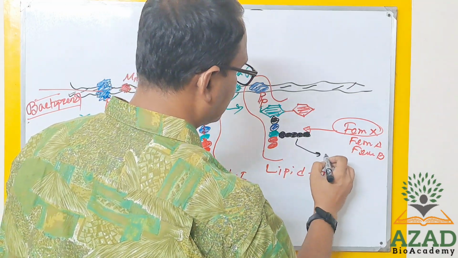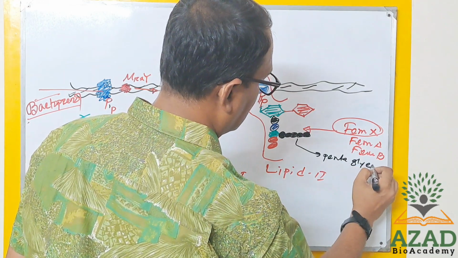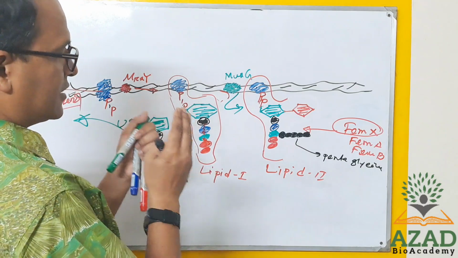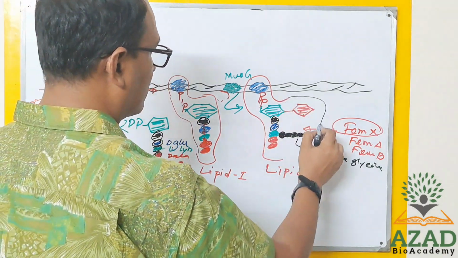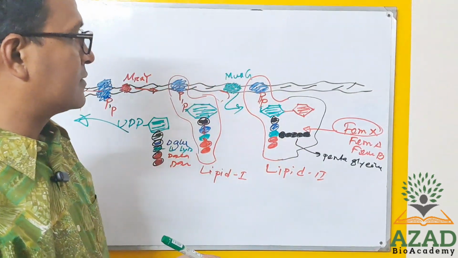That is the pentaglycine. Okay. So in some species of bacteria, this is the building block of peptidoglycan. Okay.